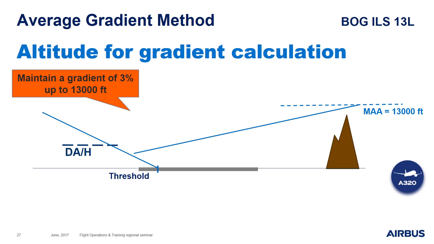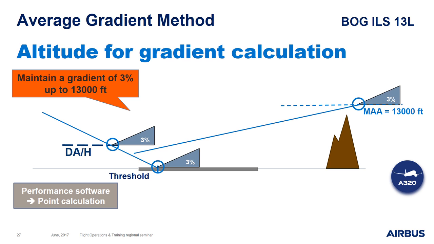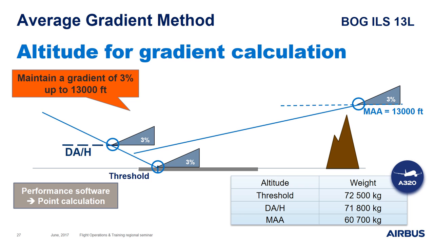For this example, if we compute the go-around gradient at the decision altitude, at the threshold, or at the missed approach altitude, we get the following go-around limiting weights. The threshold and decision altitude computations are not limiting, but we're not on the safe side. And the missed approach altitude is very limiting.